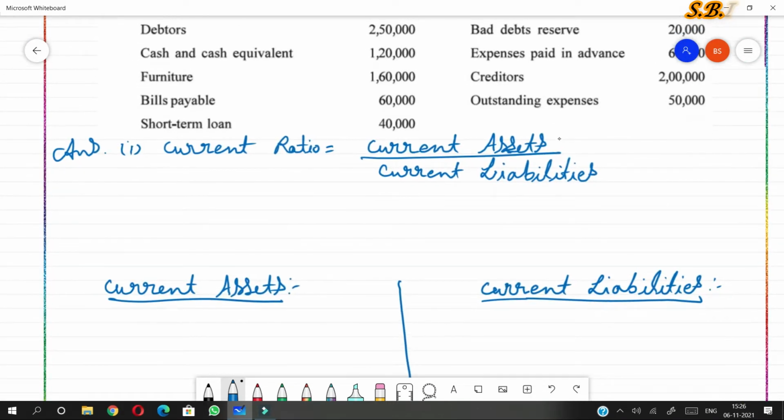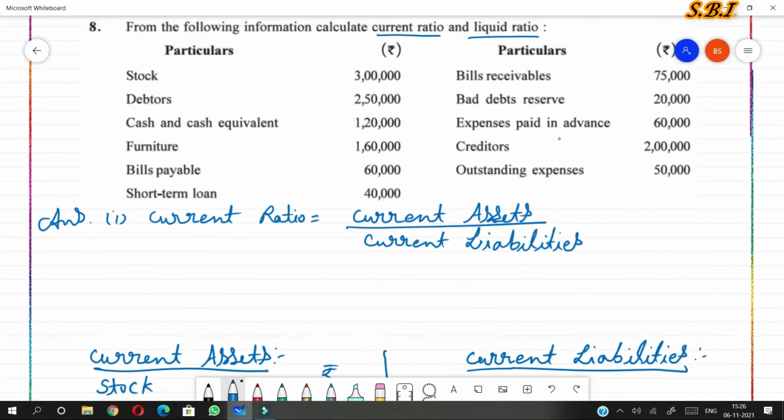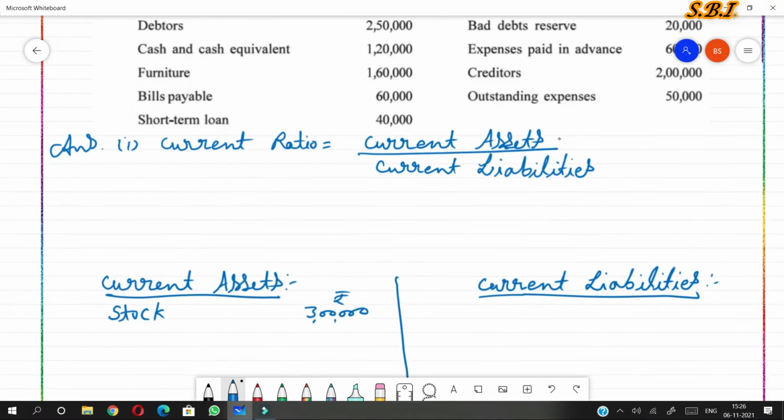Stock 3 lakh, it is current asset. Then debtors 2,50,000.